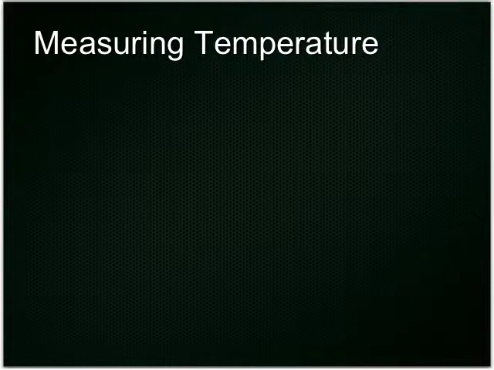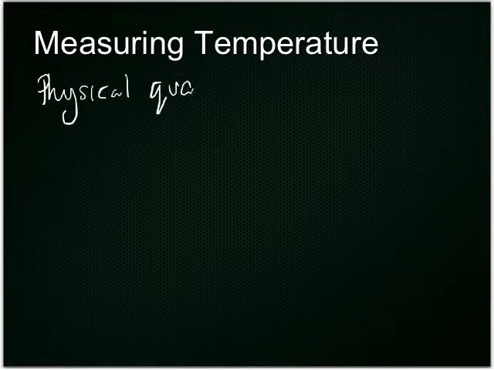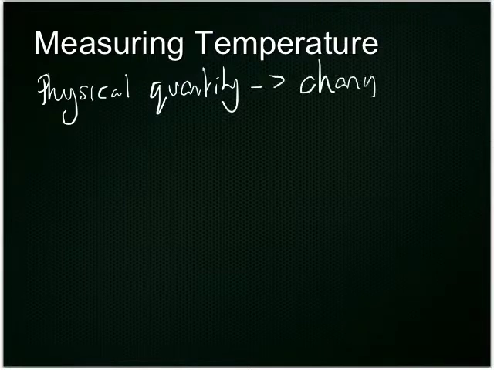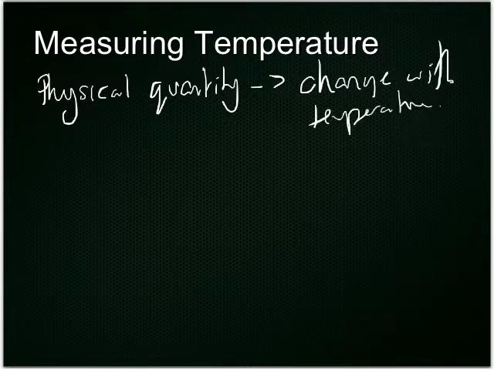Okay, when you measure temperature, you're going to use a physical quantity. And this physical quantity must change with temperature. So for example, you could have length changing, in other words expansion.